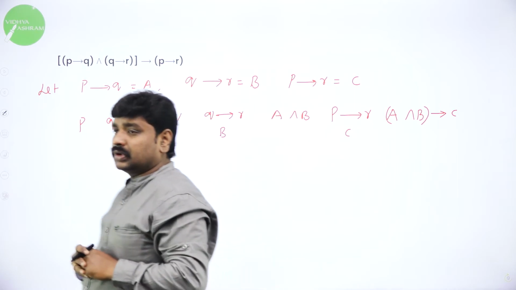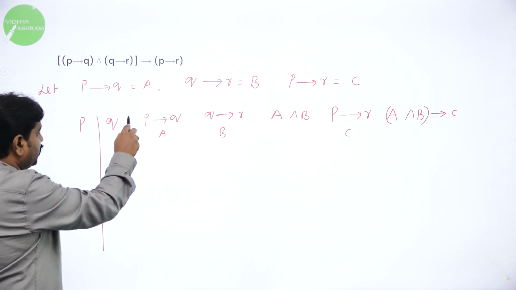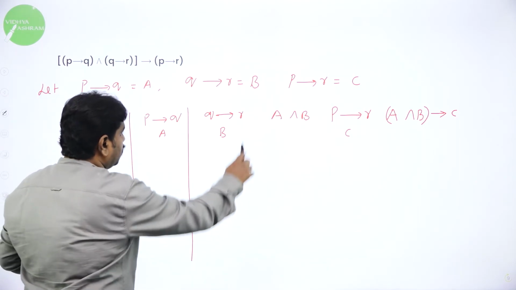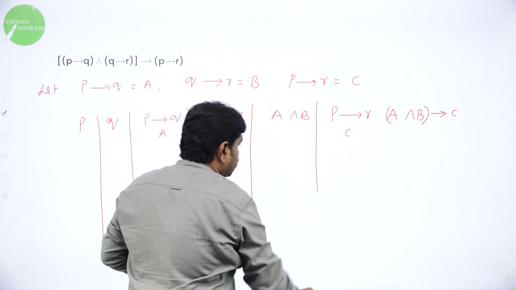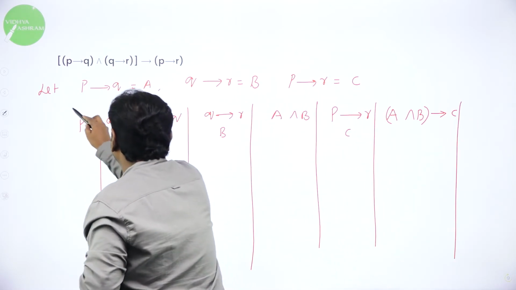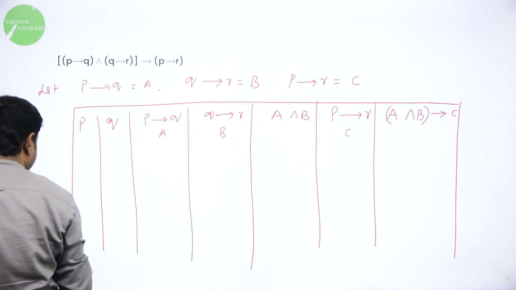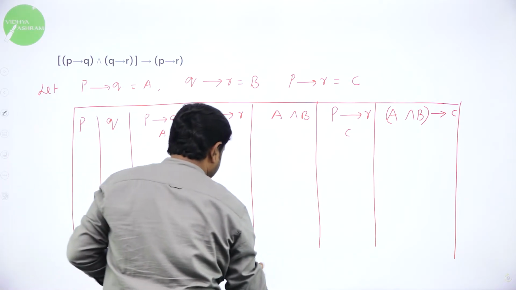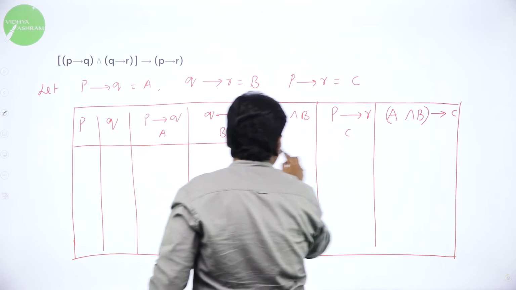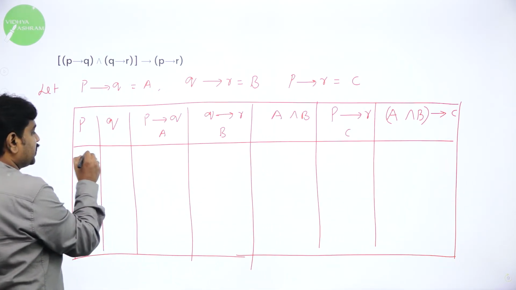Now I need to construct the truth table for this. I told you we need 8 possible combinations. So we'll write all the truth values and construct the truth table. What are the possible combinations?